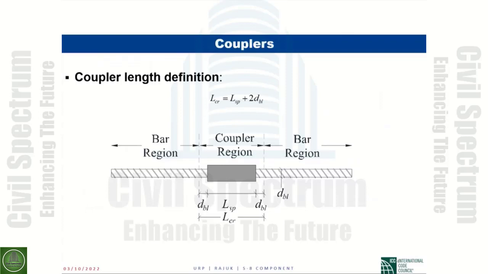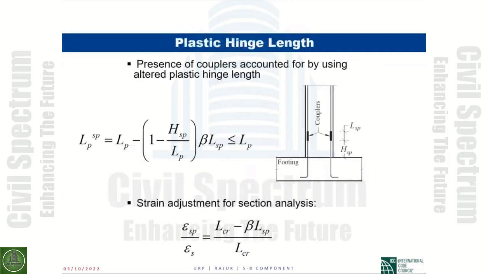Now, in the guidelines that we developed, we identified the fact that when you have a coupler, it's not just the length of the coupler. There's a region of the splice bar itself that is affected by the presence of this coupler. So we defined an LCR, which is the coupler region, in the guidelines.